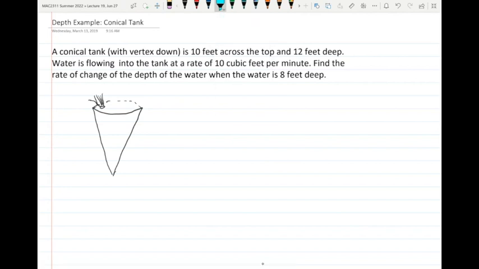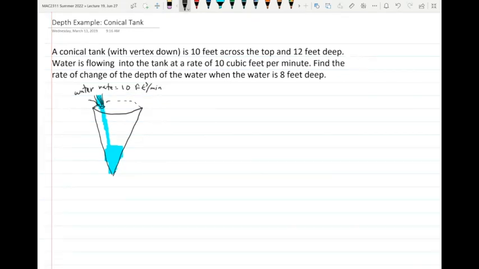This is water. There's water in the tank, and the tank is being filled with water. So water is coming into the tank, and we're being told at what rate this is happening. So this is happening at a rate of 10 cubic feet per minute.